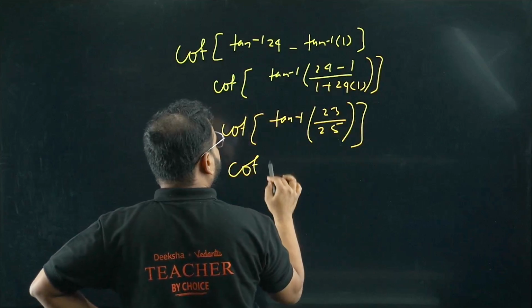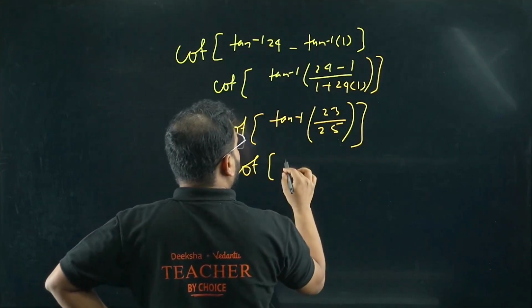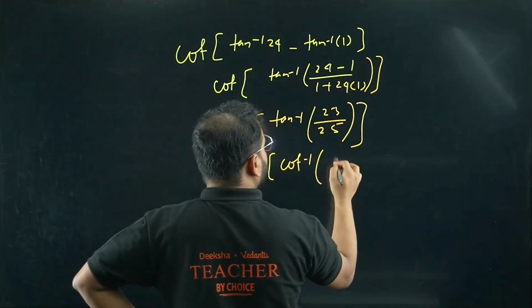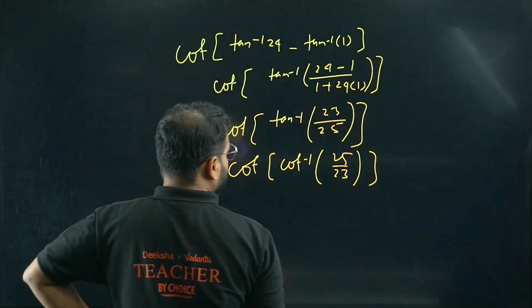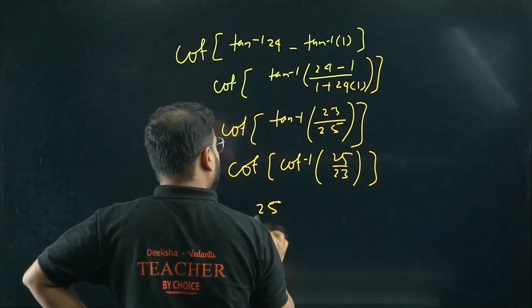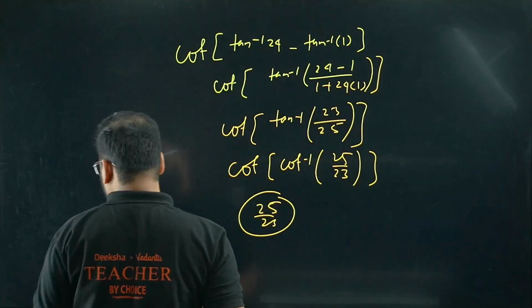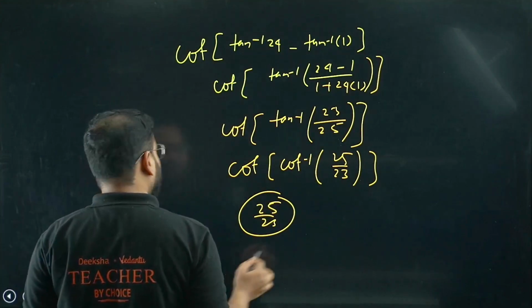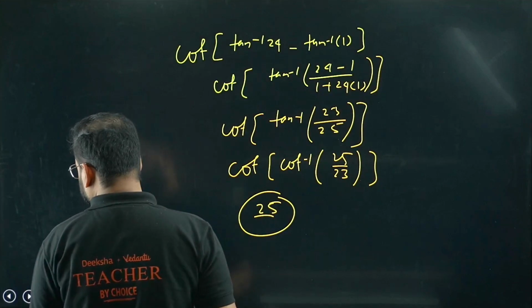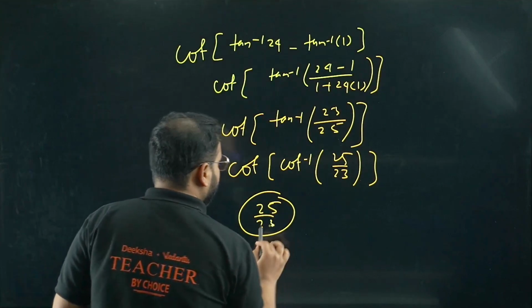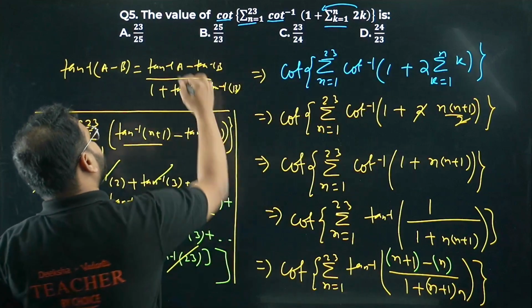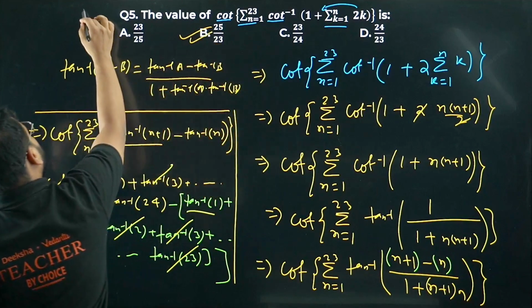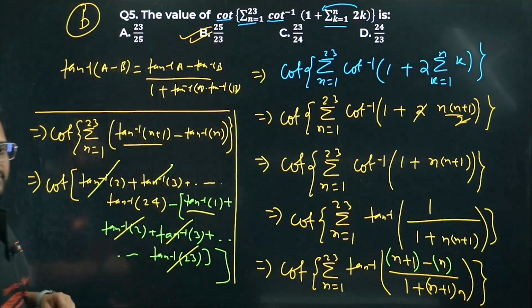It will become cot inverse of 25 by 23. So this will simply become 25 by 23, that is the answer. Please check, option is B.